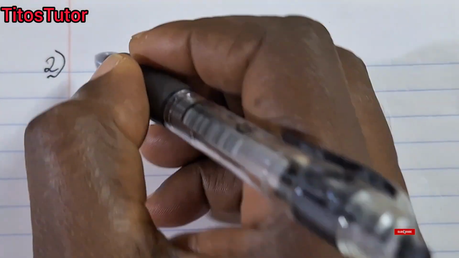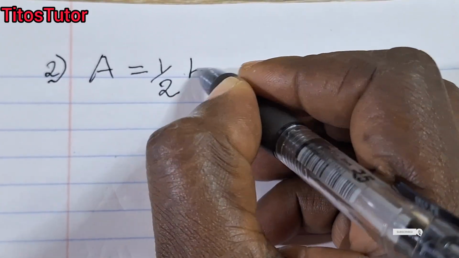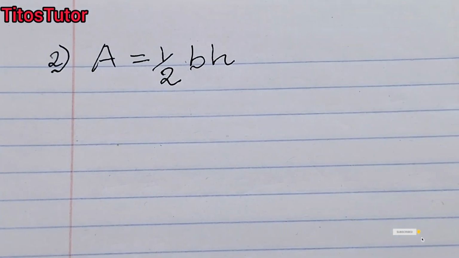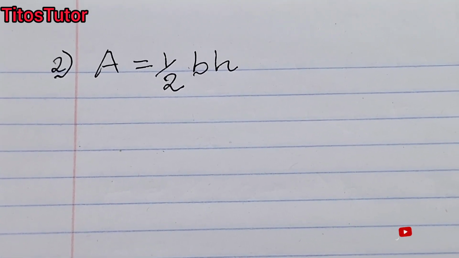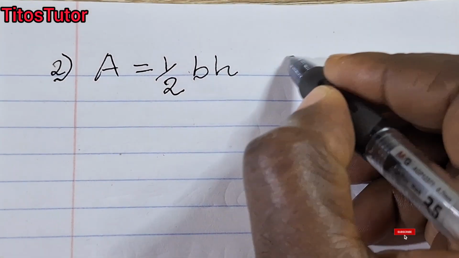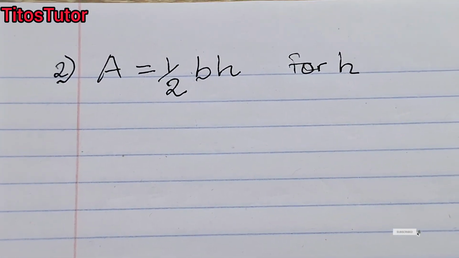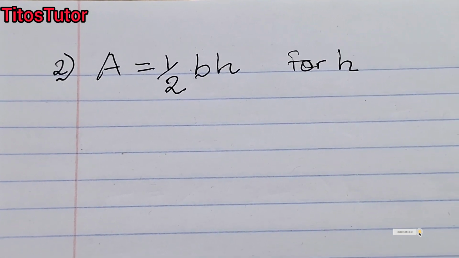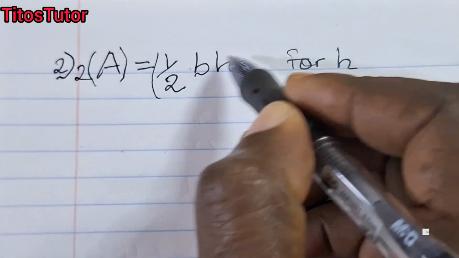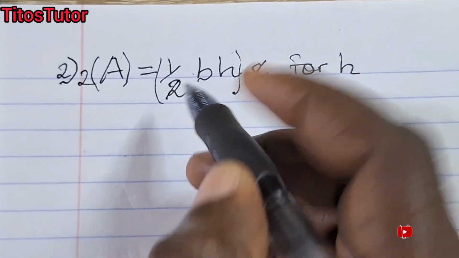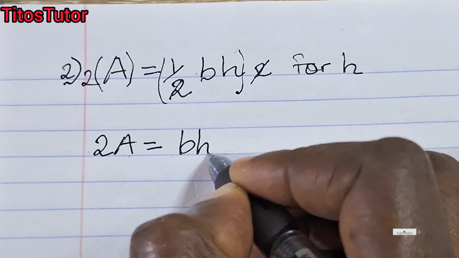Example 2. The formula A is equal to half base times height is the formula for calculating the area of a triangle. Now it says solve for h as well. The first thing we do is multiply both sides by 2 to get rid of this half. So this times 2, this times 2, 2 cancels 2, and now 2A is equal to bh.